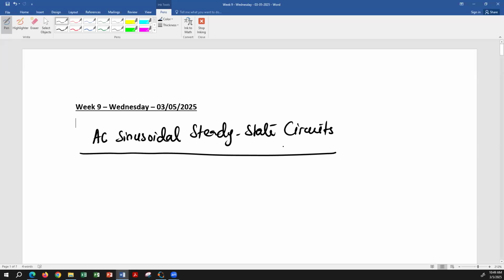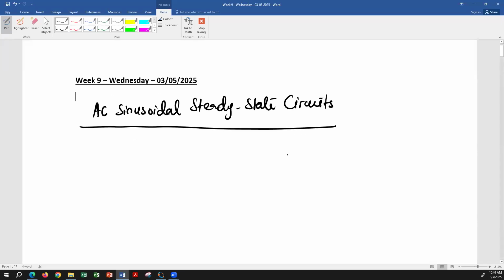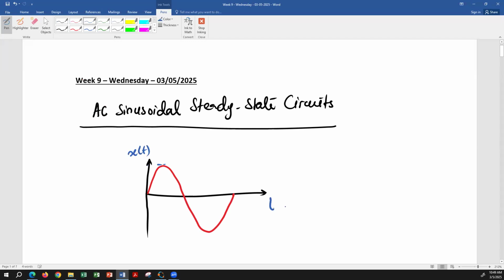Now, all of you have done sinusoidal response, and all of you are familiar with the sinusoidal waveform as well. So our sinusoidal waveform, of course, is a sine wave and cosine wave. Mostly we use cosine wave because cosine wave translates into the complex frequency. But I'm just going to draw sine, and let's say this is any signal x of t, which can be a voltage signal or current signal.